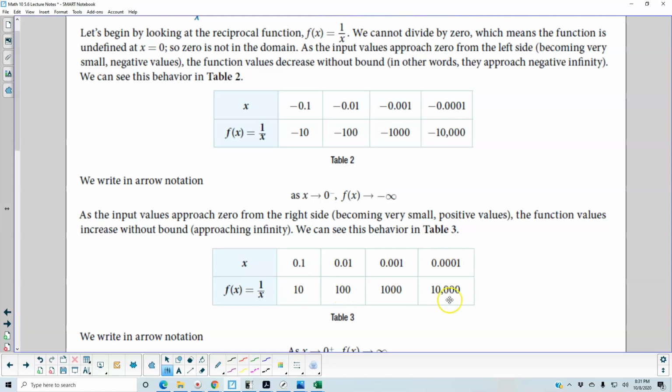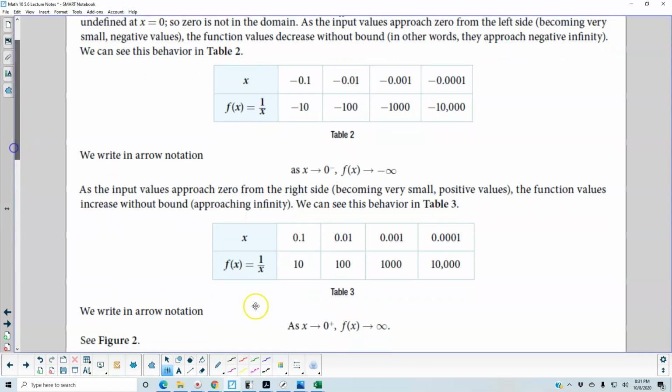So they're increasing. When we write it in arrow notation, we're going to say that as x is approaching 0 from the right, so it's getting closer and closer to 0 from the right, the output is approaching positive infinity.